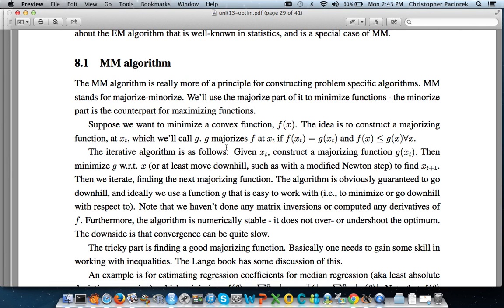Plus R_i of theta squared minus R_i of theta_t squared over 2 times the square root of R_i of theta_t squared. That just comes from working through this with the square root as the particular concave function.